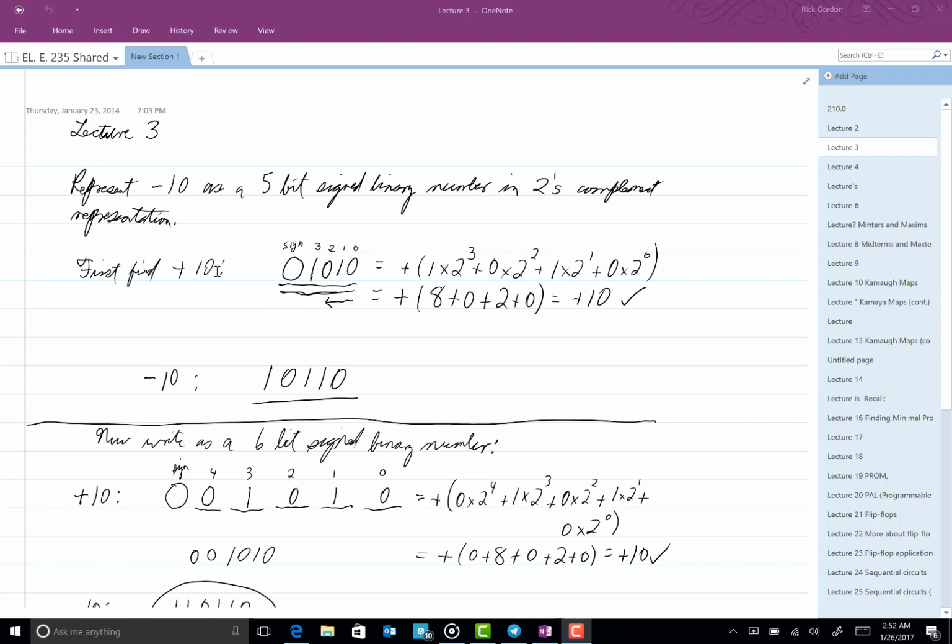Now if we think about 10, and we think about this first position to the right of the signed bit, that's the digit that will represent the largest number, and in fact the number that it represents is 2 cubed, or 8. And so we ask ourselves, will 2 cubed, or 8, go into 10? And the answer is yes.